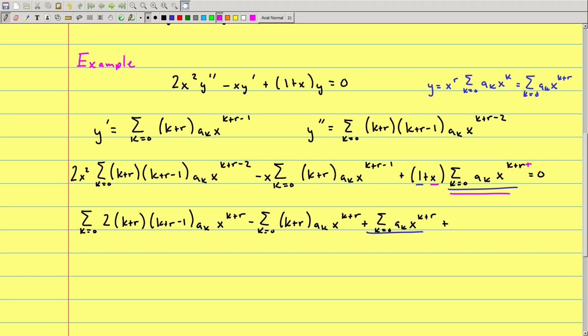So it's going to be the same thing except have an exponent of plus 1 here. All right. So that's a whole lot of stuff.